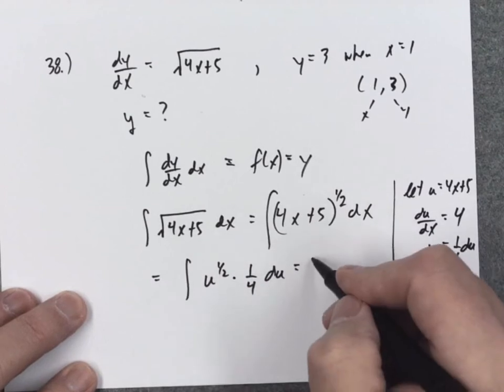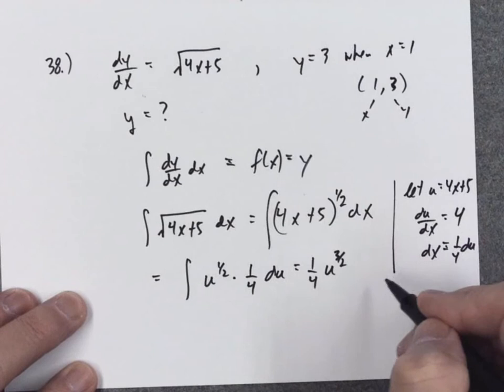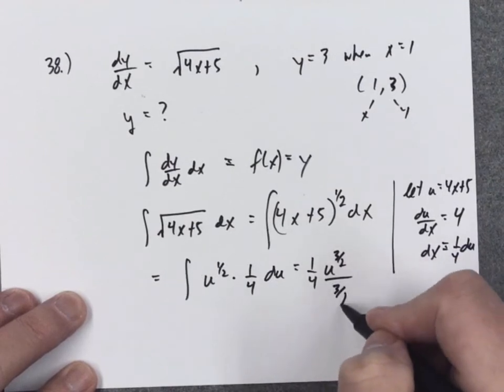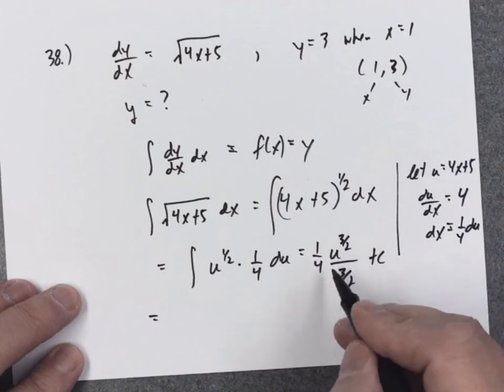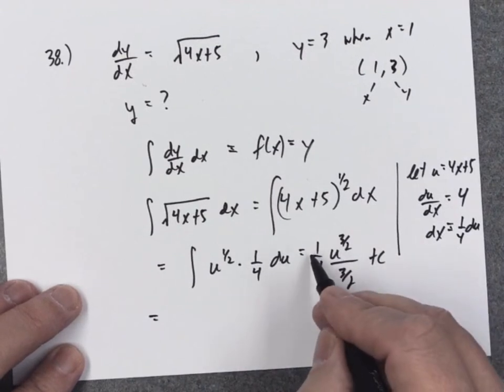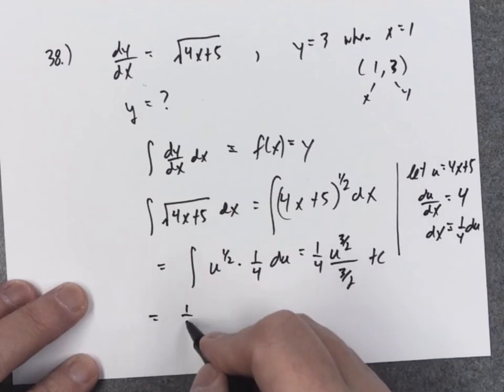Use the power rule. 1/4, add 1, u to the 3/2 divided by the new exponent. So the 3/2 becomes 2/3. So it's like 2 over 12. I believe it's 1/6.